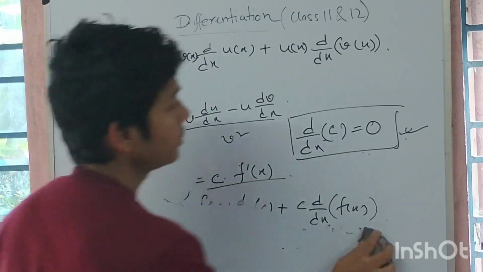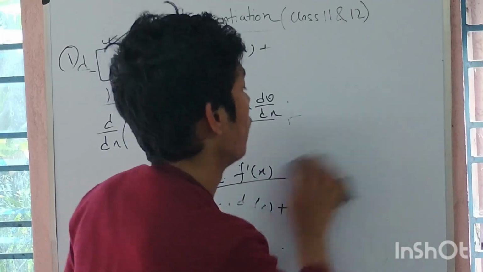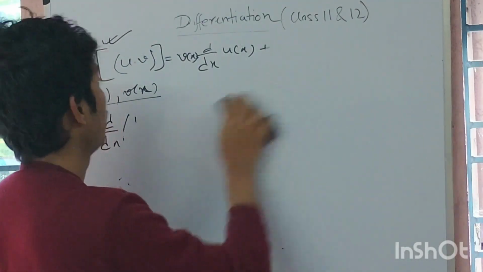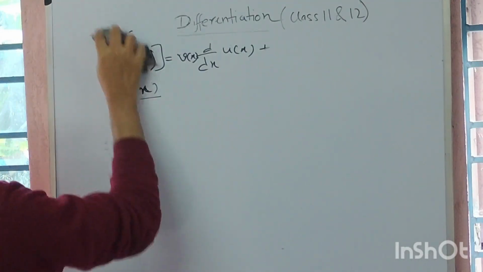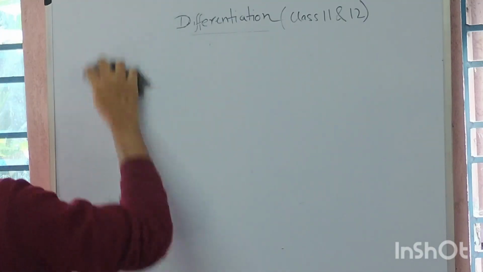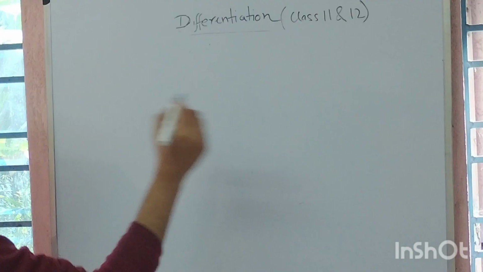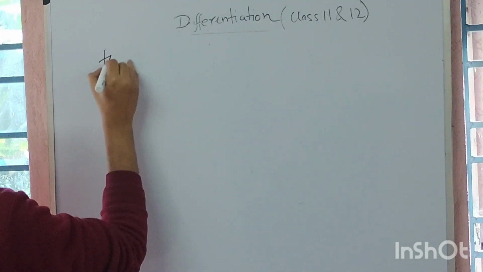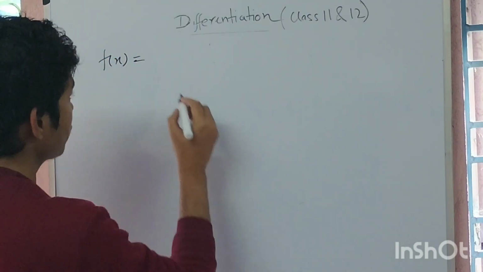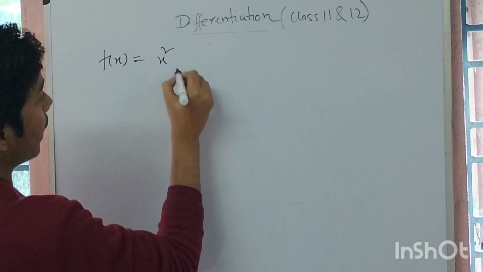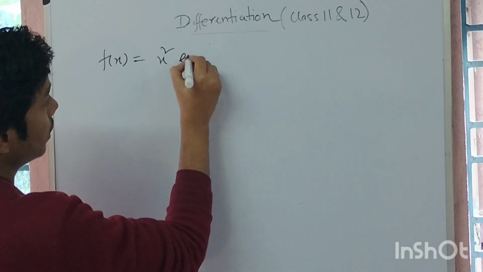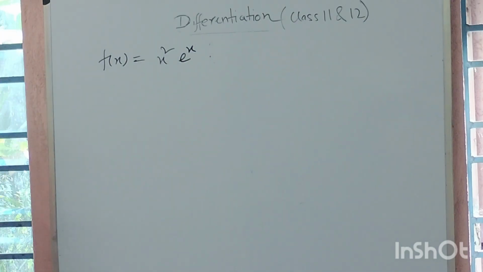I am doing two problems on this, one from the UV method and one from the U by V method. Just do it. Like, if your f(x) is x squared e to the power x, what will you do?